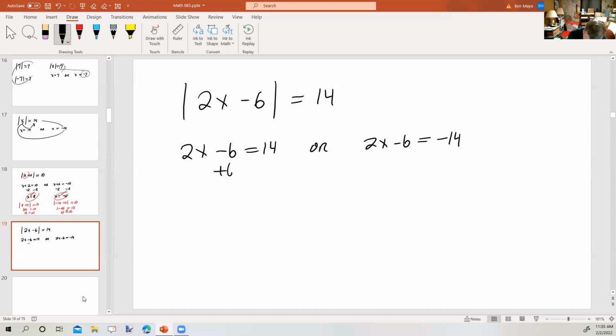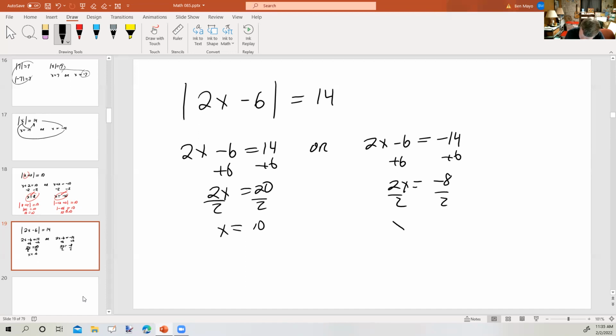Solving the first equation, we'll add 6 to both sides. 2x equals 20. Divide by 2, x equals 10. Solving the second equation, add 6 to both sides, 2x equals -8. Divide both sides by 2, x equals -4.